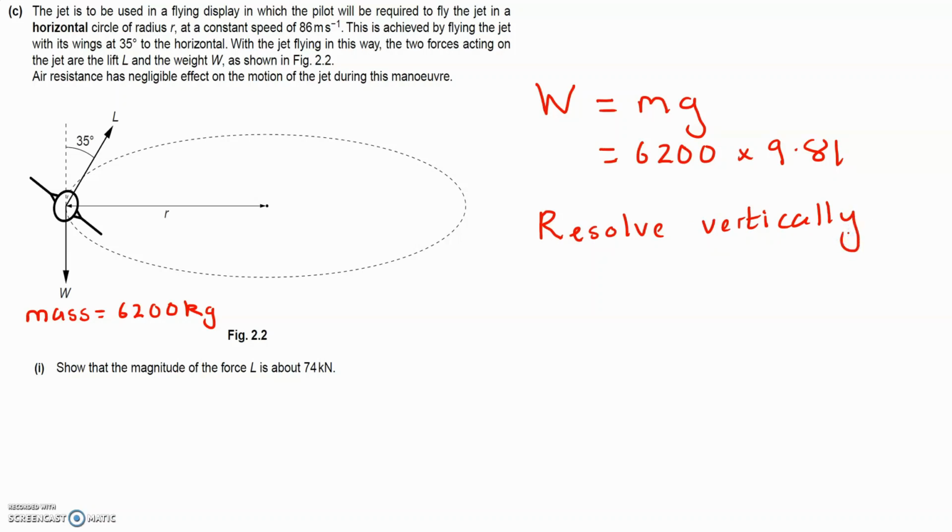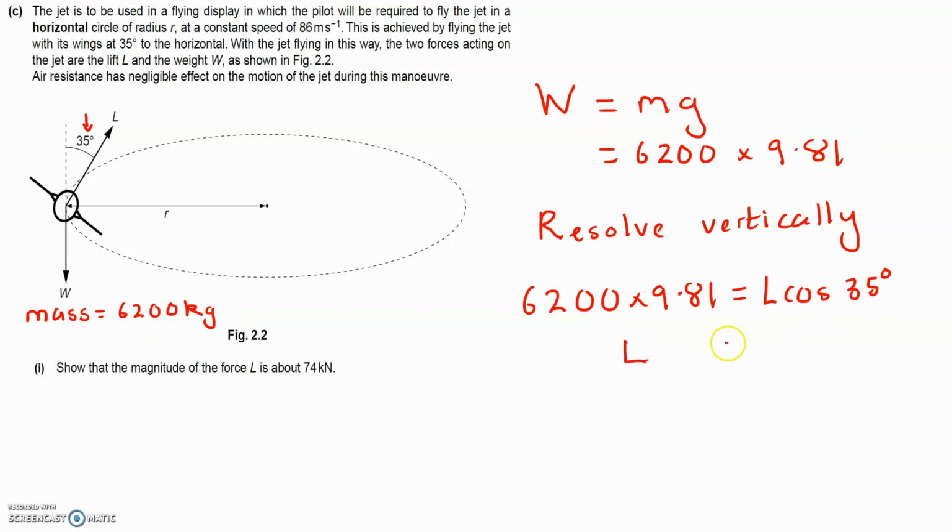The force acting vertically down is W, which is equal to 6,200 times 9.81, and that is balanced by the vertical component of L, the lift force. The lift force is acting at an angle of 35 degrees, so the vertical component of the lift force is given by L cosine 35 degrees.